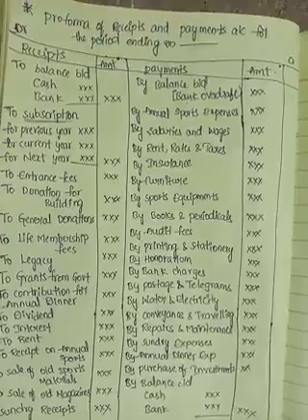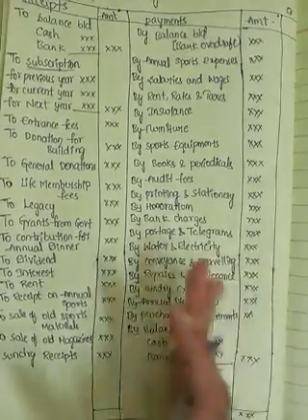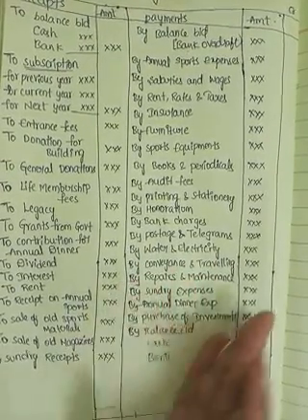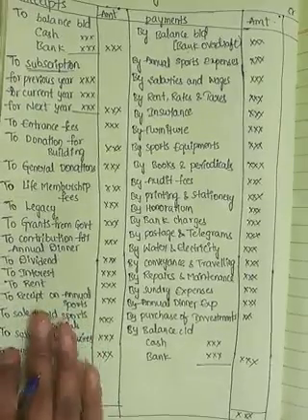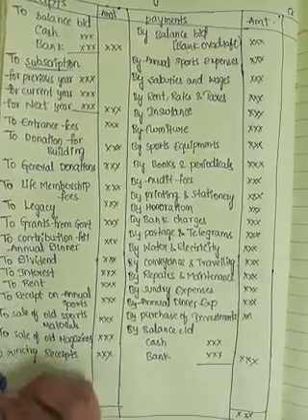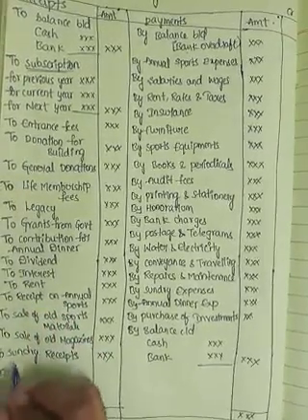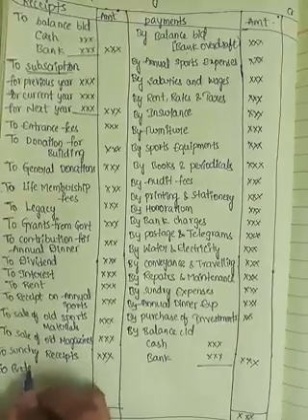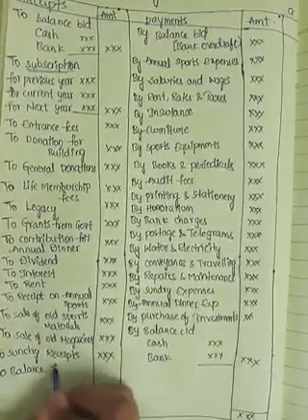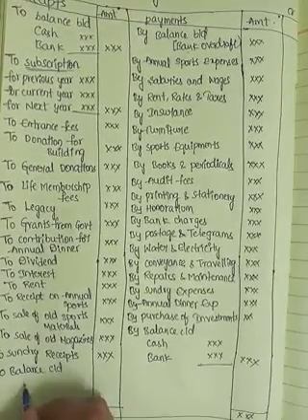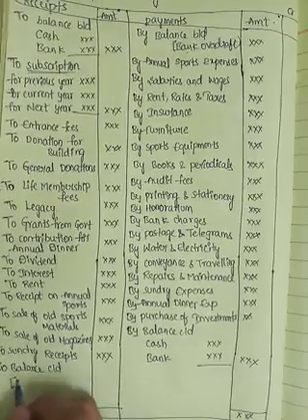Do the total. The next is if the credit side is more, then the debit side is less, then we'll get the bank overdraft. So to balance carried down is bank overdraft.